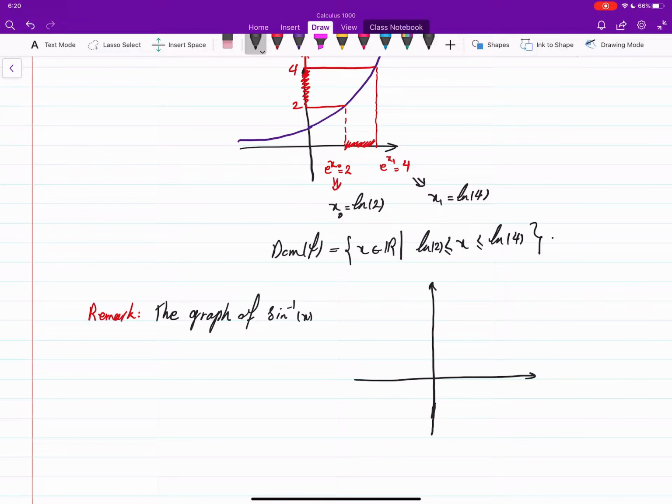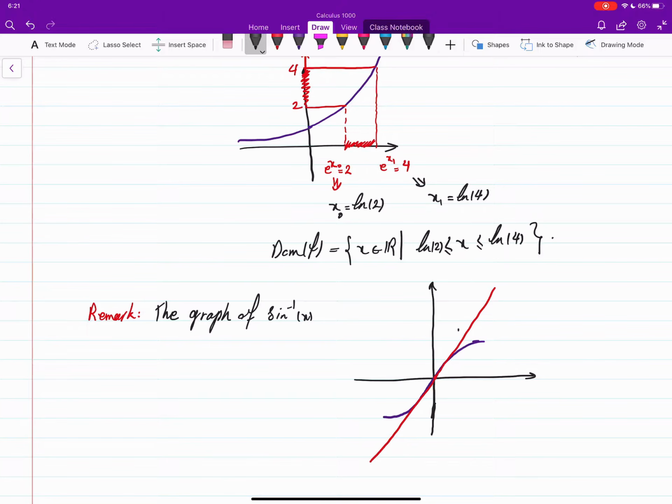So we saw that this graph on this domain is something like that. Now we want to find the inverse, so we have to find the reflection of that with respect to y equals x.